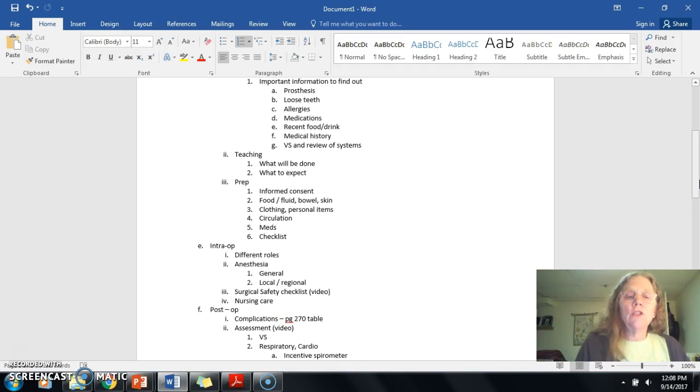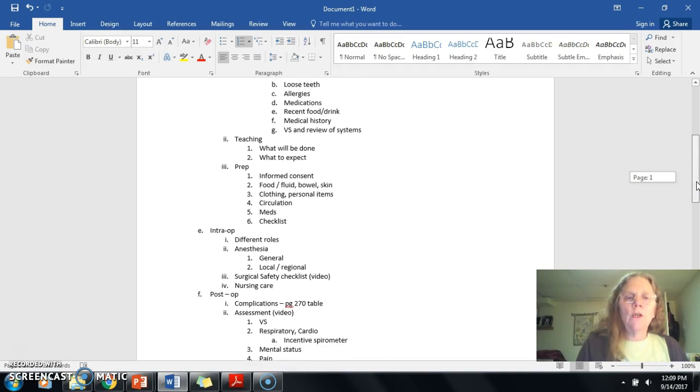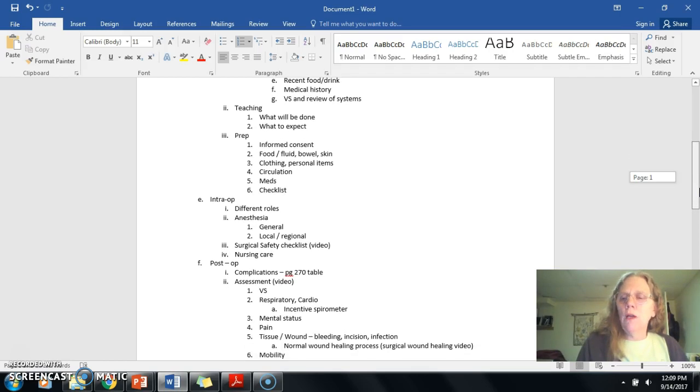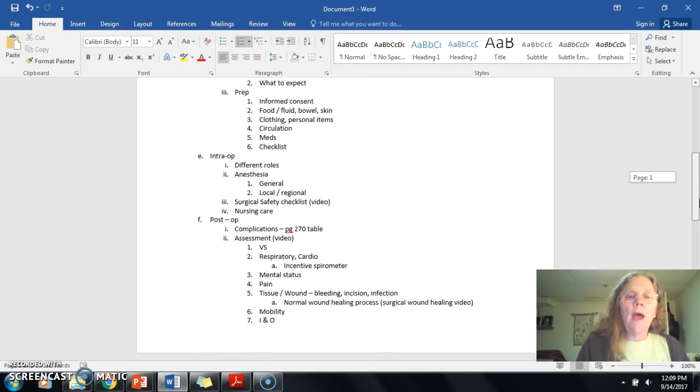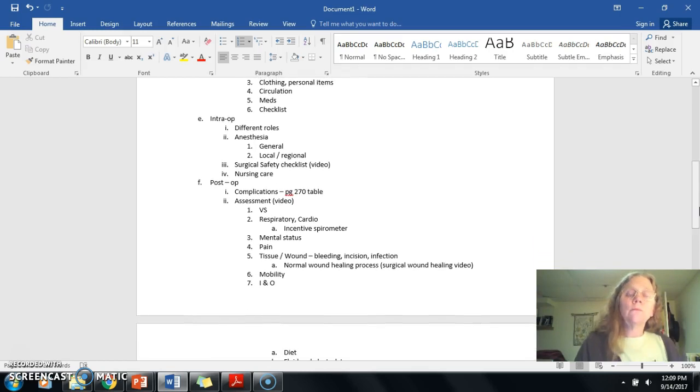There are medications that can have a very negative impact on risks during surgery, such as anticoagulants. Usually in the pre-op area there is some form of a checklist to make sure that everything is covered during that period, because it's really important and can really impact the patient's well-being.